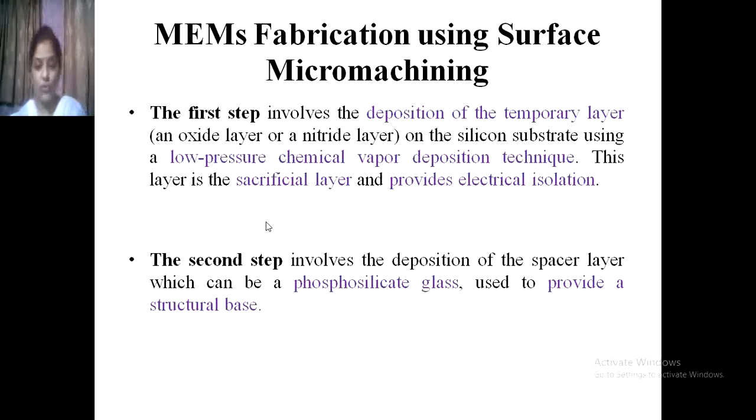So in the first step, deposition of the temporary layer is by the LPCVD process, low pressure chemical vapor deposition. In the second step, there is again deposition of the spacer layer, phosphosilicate glass, which provides a structural base.